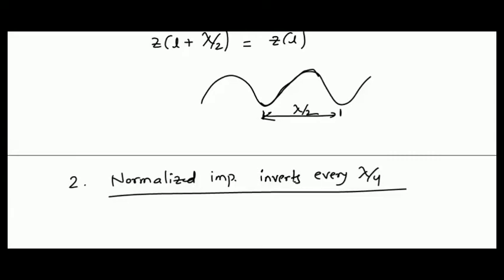Now what does this mean? What is normalized impedance? Normalized impedance is when you normalize the impedance with respect to the characteristic impedance. If I consider the load impedance and divide it by Z0, this is called ZL bar, the normalized load impedance.